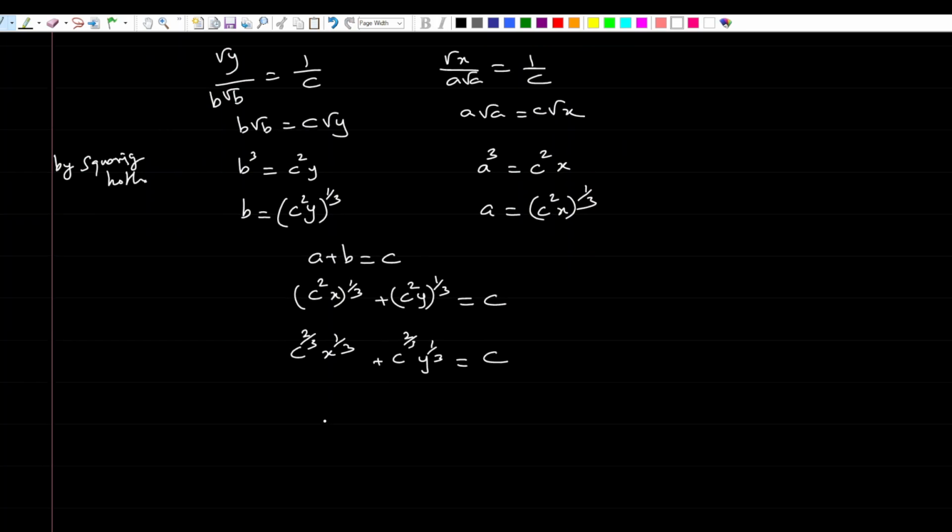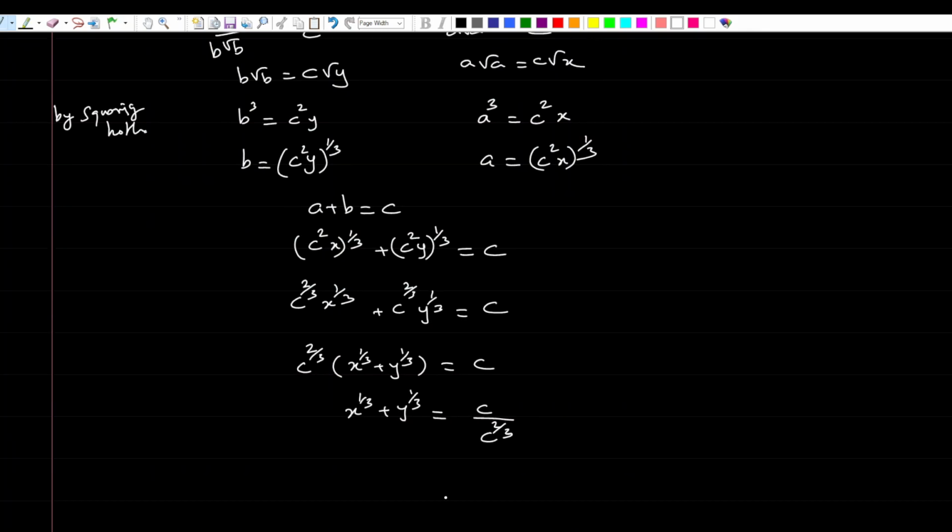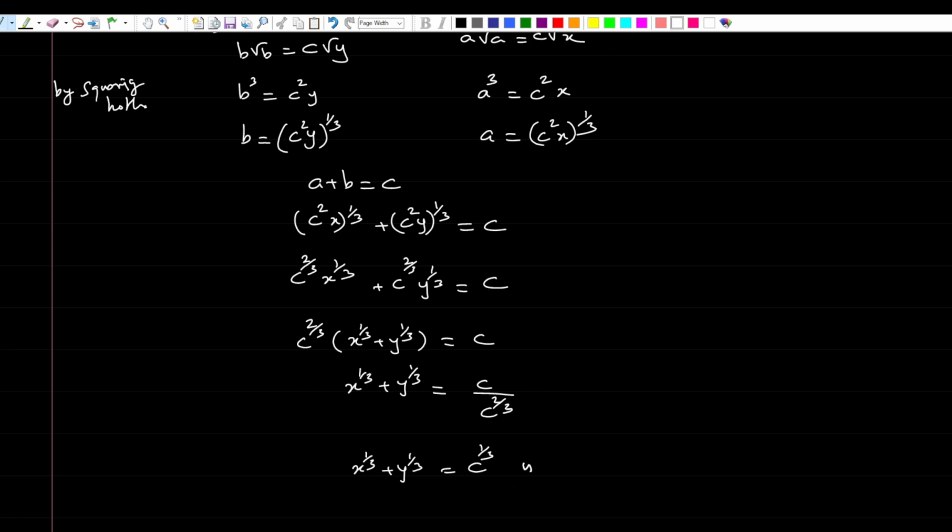So taking c power 2 by 3 as common, you will get c power 2 by 3 into x power 1 by 3 plus y power 1 by 3 equal to c. Therefore, x power 1 by 3 plus y power 1 by 3 equal to c divided by c power 2 by 3, which is equal to c power 1 by 3.